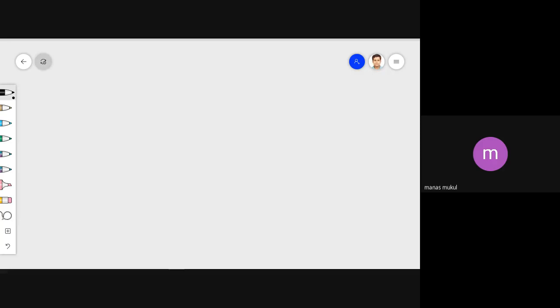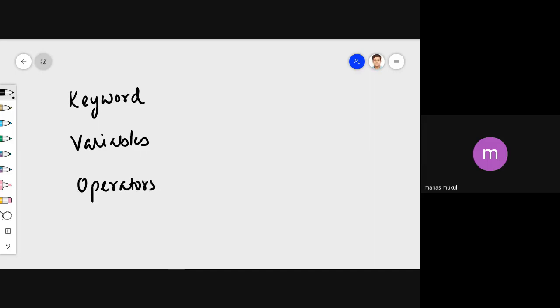The first word is keyword. The second one is variables. The third one is operators. Even if you don't know programming, we'll try and guess the meaning of these. Then we can write constant. Then we can say string.